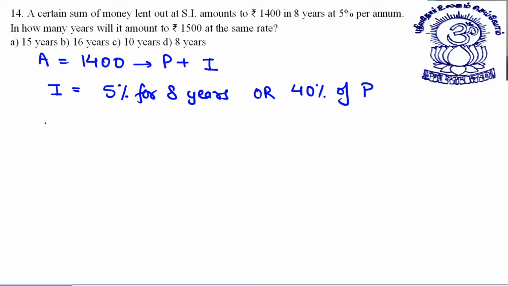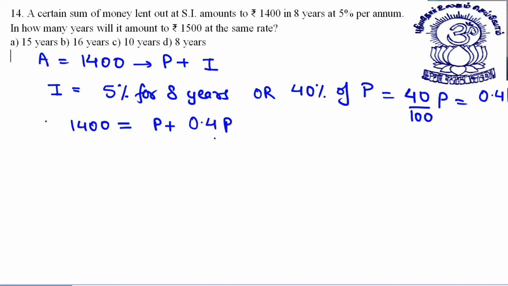So the amount 1400 is equal to principal plus 40% of P. 40% of P is equal to 0.4 P. So 1400 is equal to 1.4 P. That means P is equal to 1000.